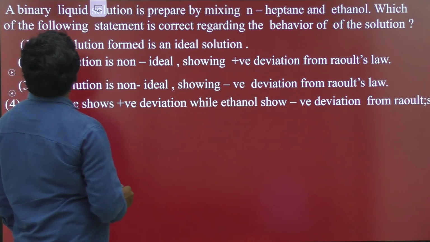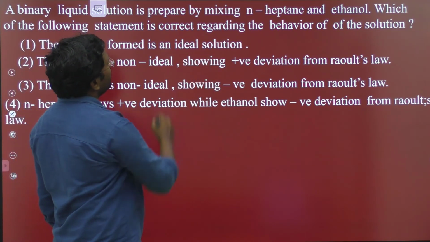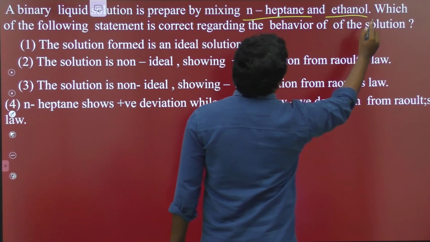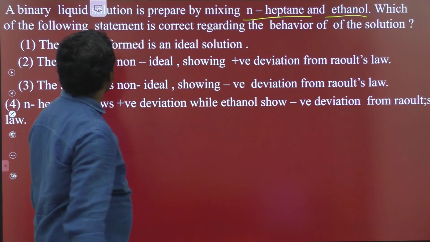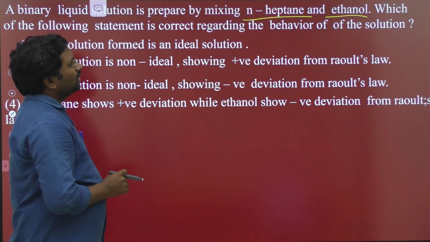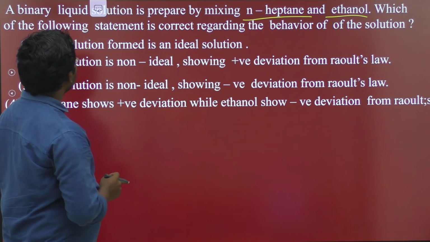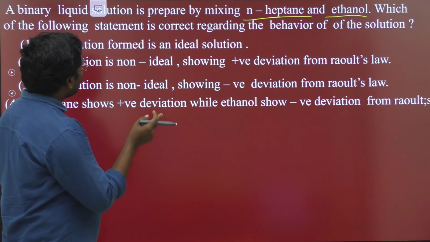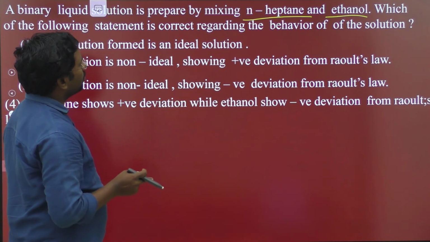And next question: a binary liquid solution is prepared by mixing N-heptane and ethanol. Which of the following statements is correct regarding the behavior of the solution? First one, the solution formed is an ideal solution. The solution is non-ideal, showing positive deviation from Raoult's law.